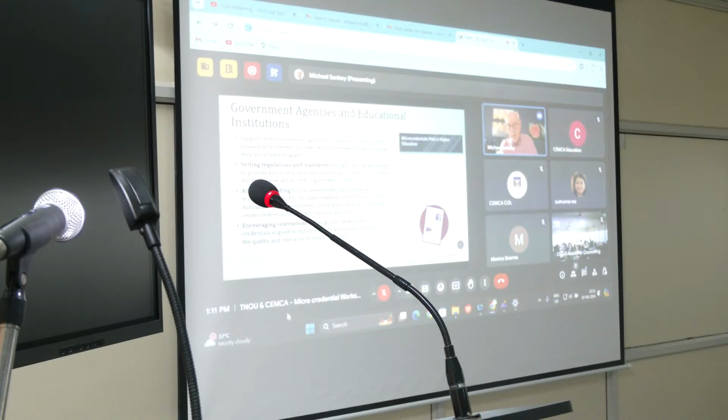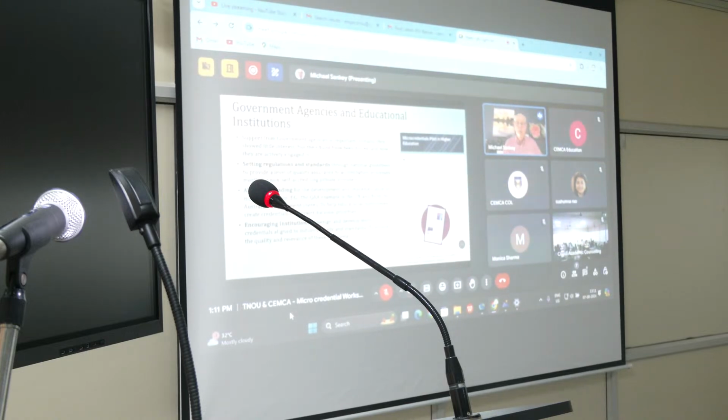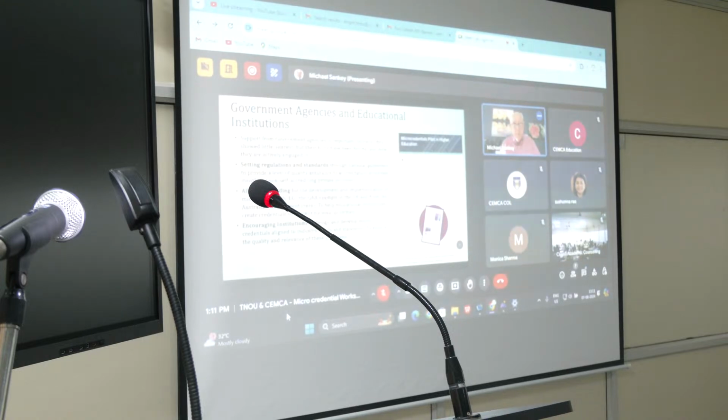Now, based off that, we then developed a funding model. So the government supported a range of different groups to develop micro-credentials, similar to the UK government, to get skills development up and going.